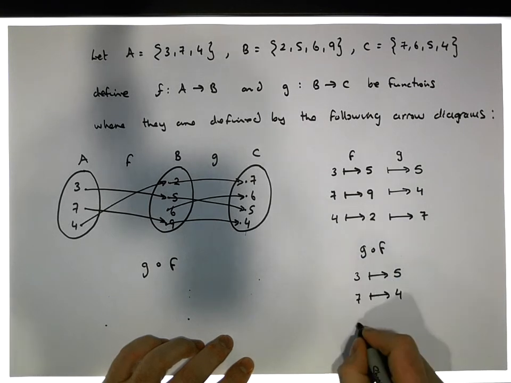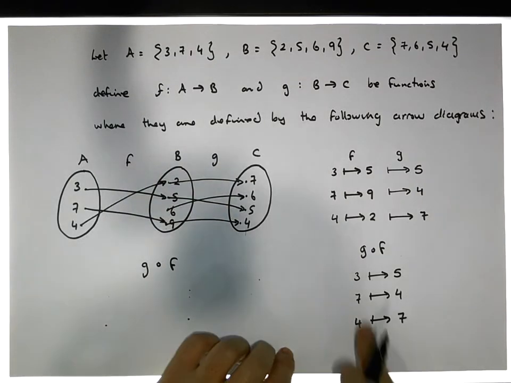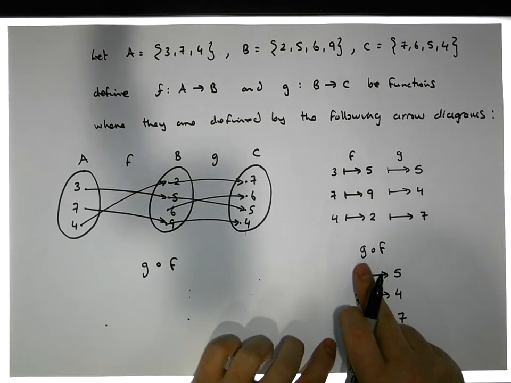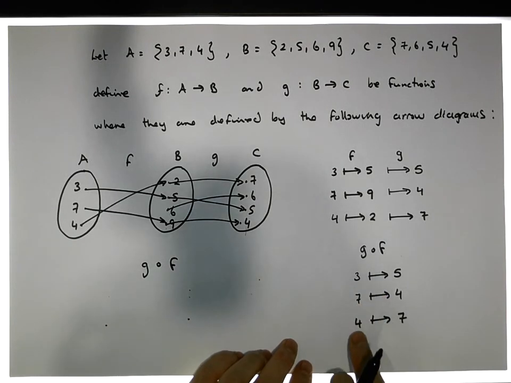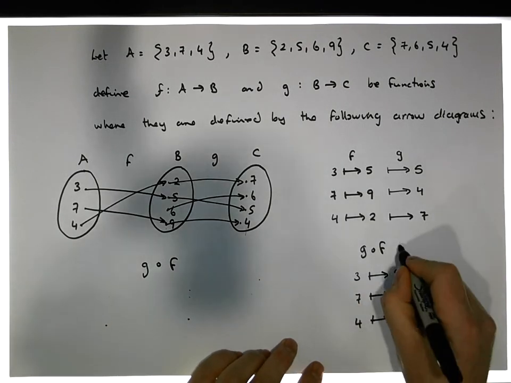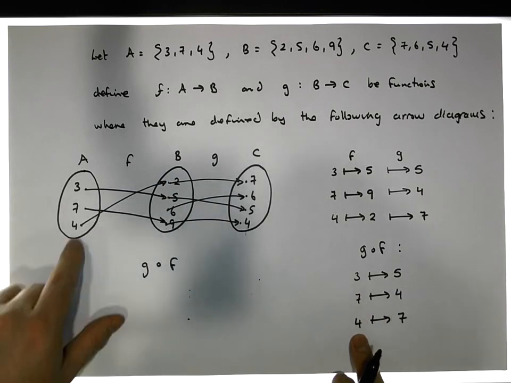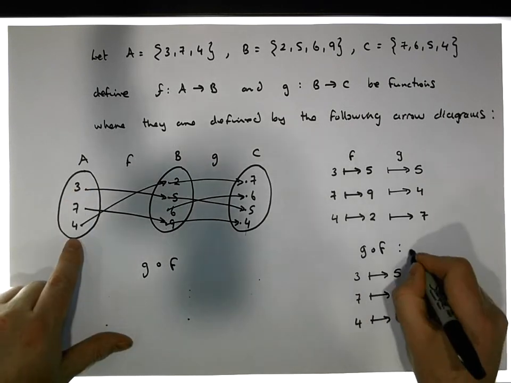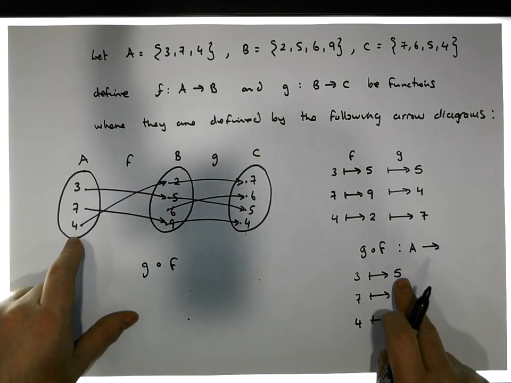The important thing to note is that g after f takes the values 3, 7, and 4, which is the set A. So it's a mapping from A into 5, 4, and 7.